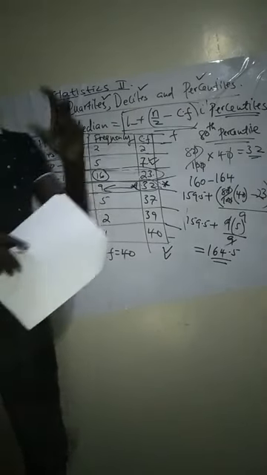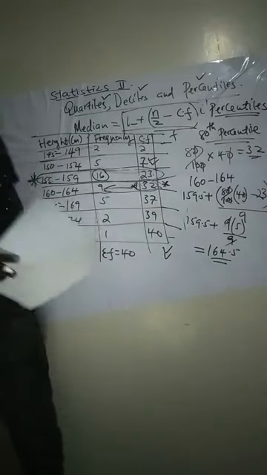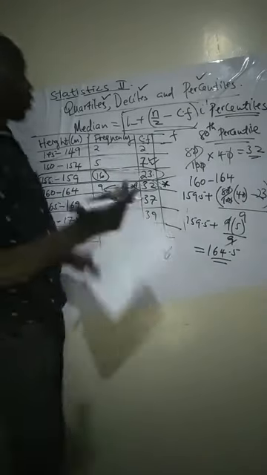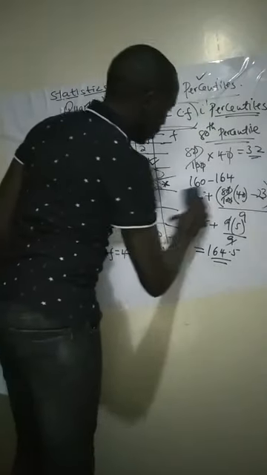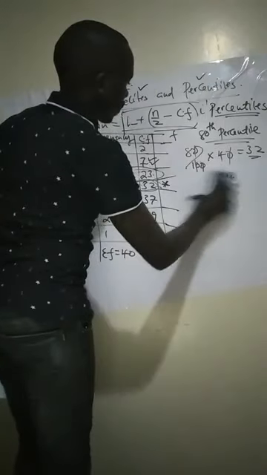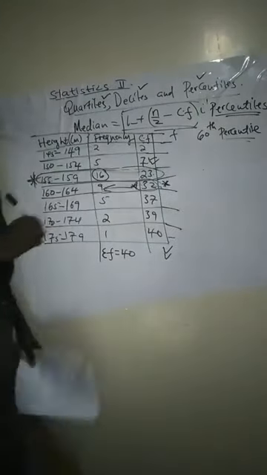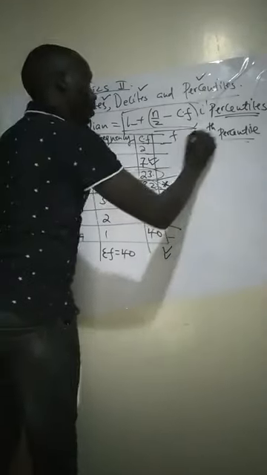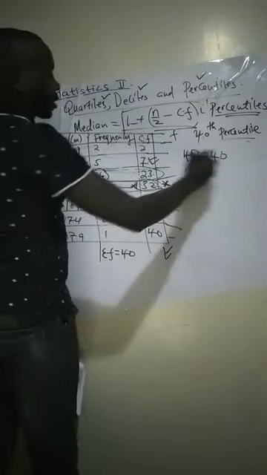Please note that you can be asked any percentile: 20th percentile, 80th percentile, 70th percentile, etc. For example, instead of 80th, if I am told to find the 40th, so 40 over 100 times 40 gives us 16.